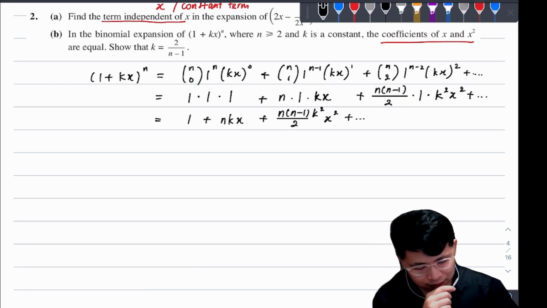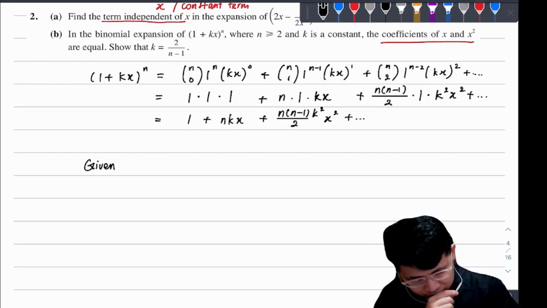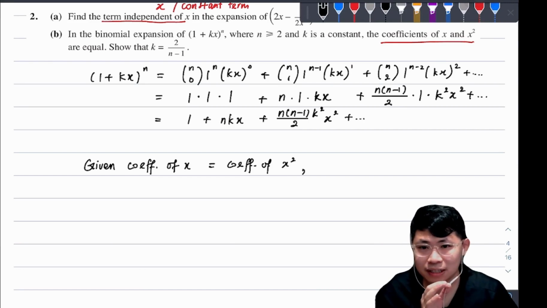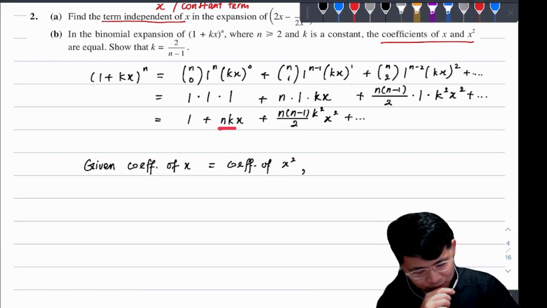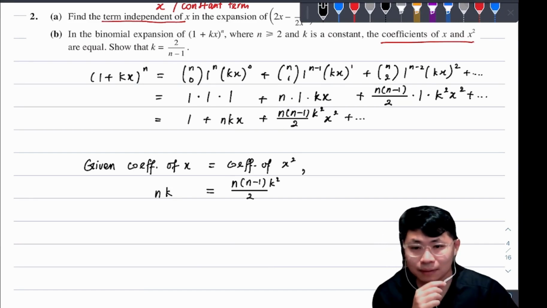Given that the coefficient of x is equal to the coefficient of x squared, because we've done our expansion already, let's compare these two terms. So nk is going to be equal to n times n minus 1 over 2 times k squared, like that.